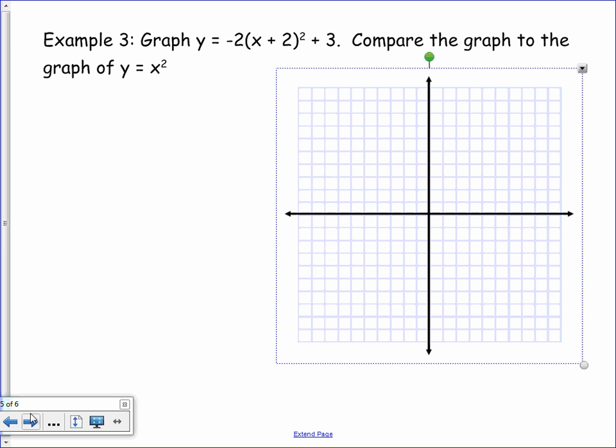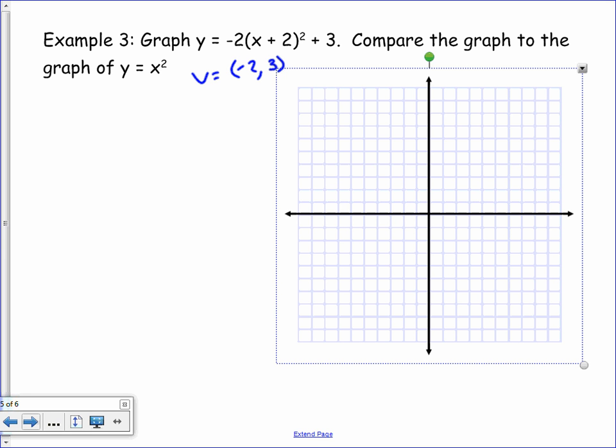All right, now we're going to graph y equals -2 times x plus 2 squared plus 3. Using this, the vertex should be -2, 3. That should be our vertex.